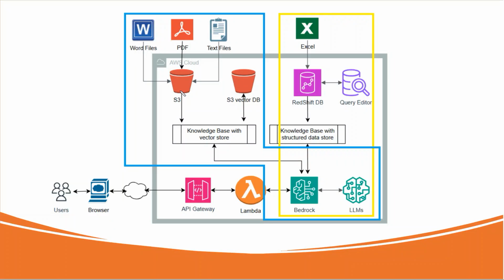The reason is that if you bring the Excel in through the blue box path, the knowledge base with vector store, the Excel will be treated as unstructured data. If you bring the Excel in through this yellow box, it will be treated as structured data. So you may want to decide how to treat the Excel sheet according to your use case.